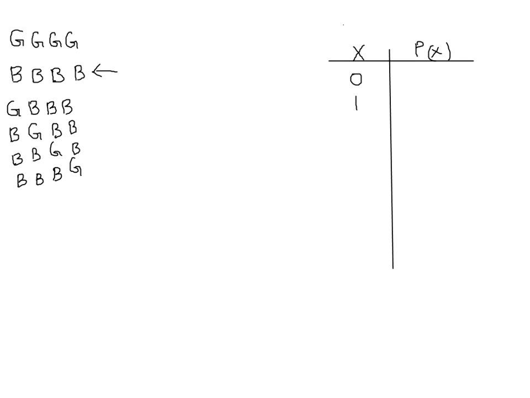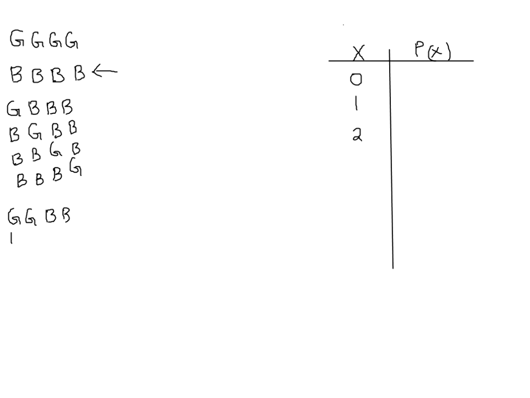Okay? All right, so when we look at a probability, I'm going to go back and look at the sample space. All right, when x equals 2, I'm considering all the possibilities where there's two girls. So G, G, B, B, that's one of them.